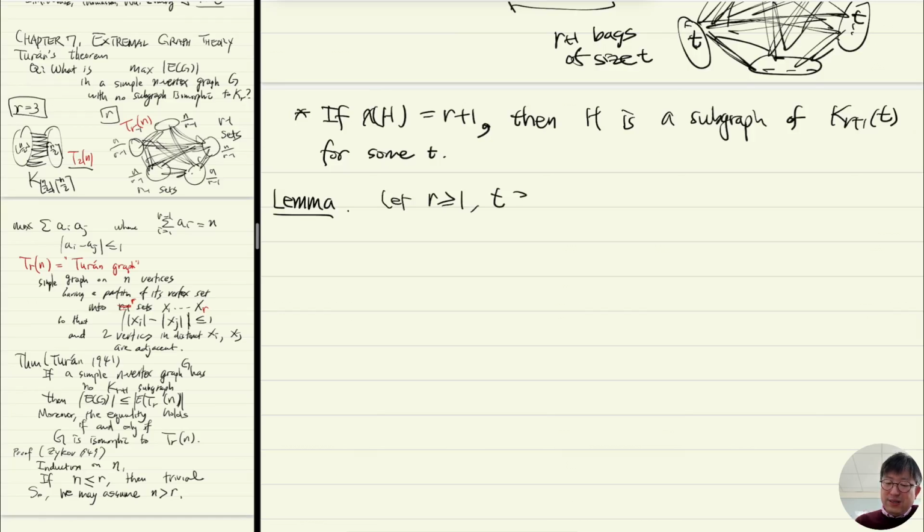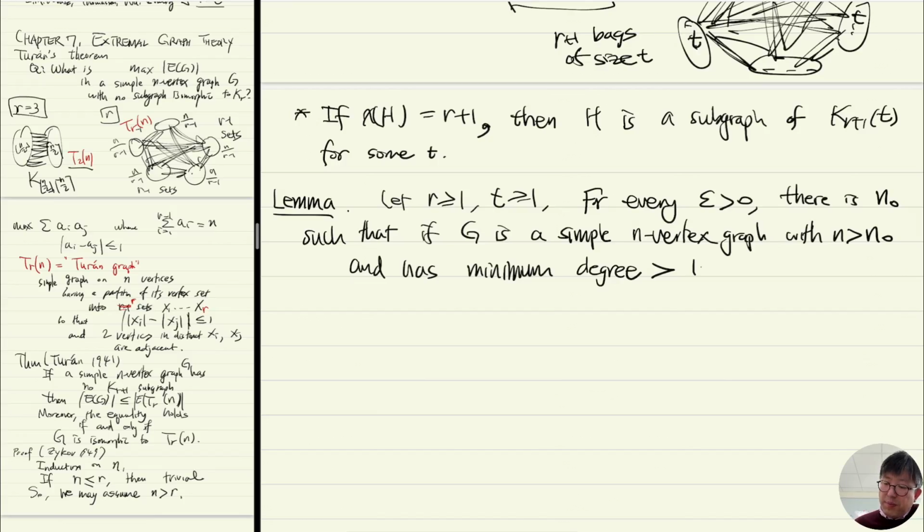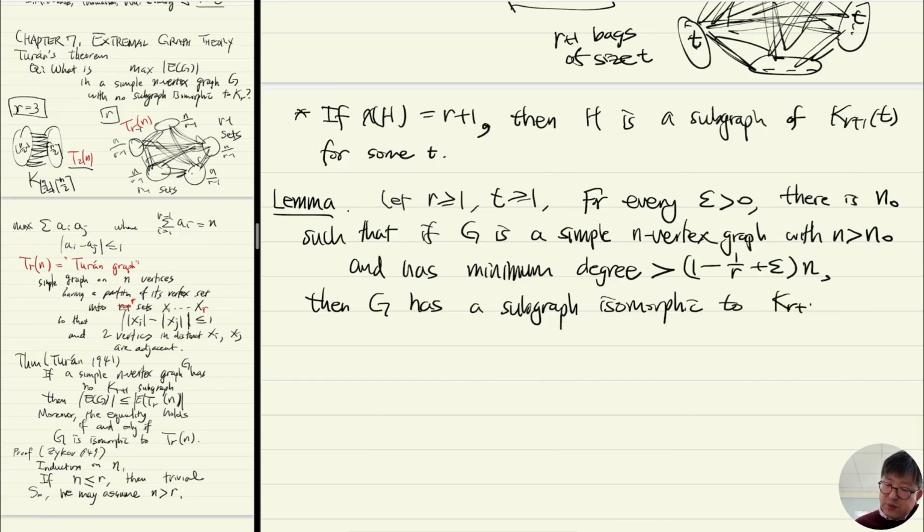Let r and t be natural numbers, and then for every epsilon, there is a big n0 such that if G is a simple n-vertex graph with a large number of vertices, so n is bigger than n0, and minimum degree bigger than (1 minus 1 over r plus epsilon) n, then G has a subgraph isomorphic to K_{r+1}(t), right?